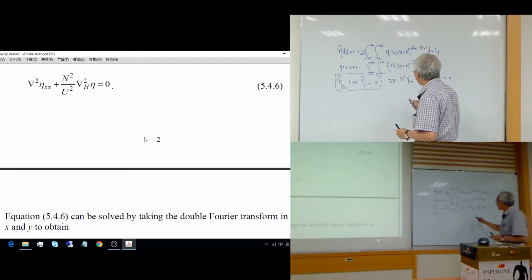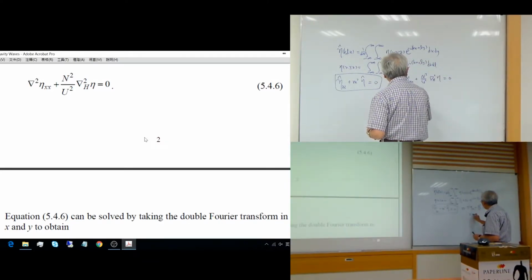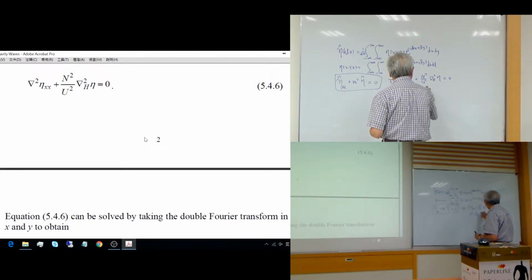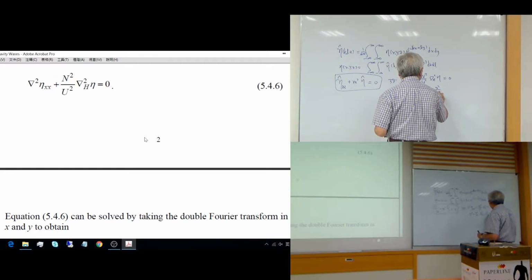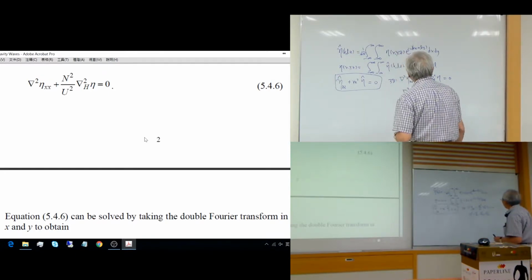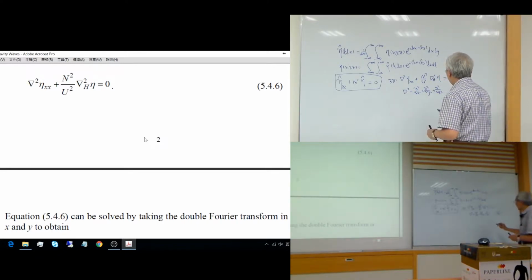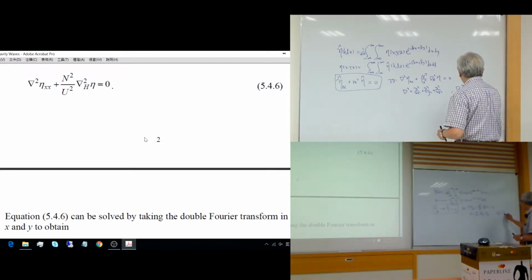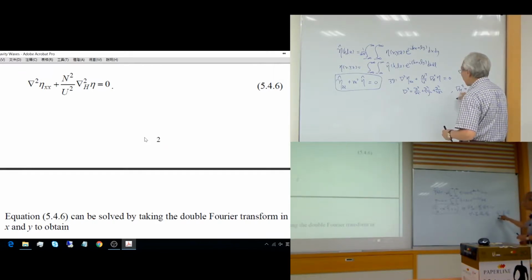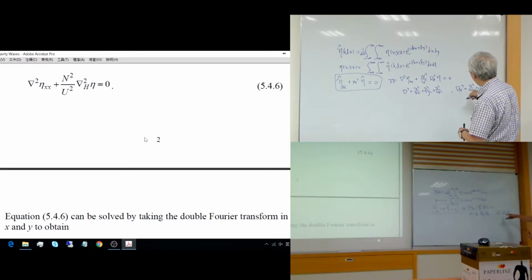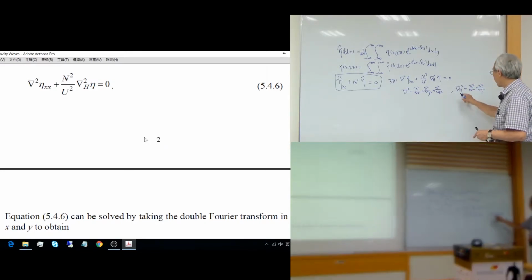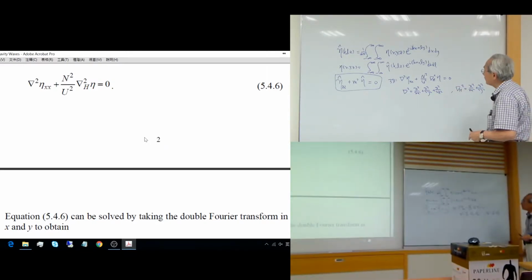So del squared here is equal to partial x squared, partial y squared, partial g squared. And del h squared is equal to partial x squared plus partial y squared, because h means only horizontal. Apply partial derivatives only in horizontal directions.